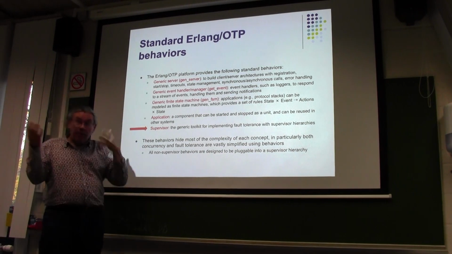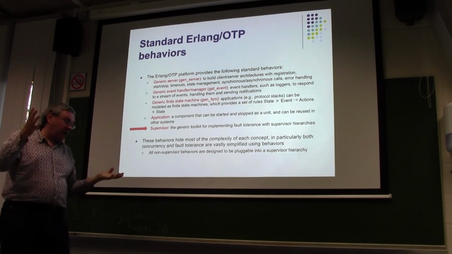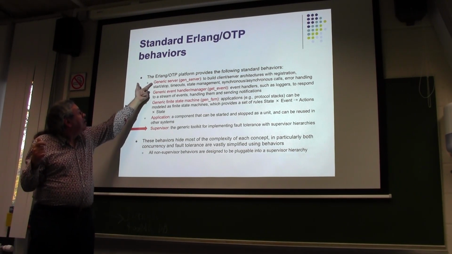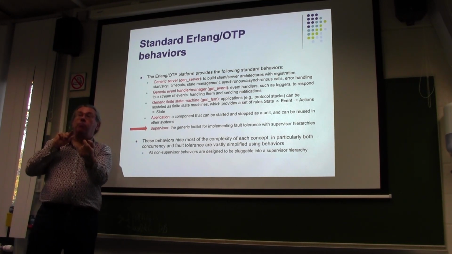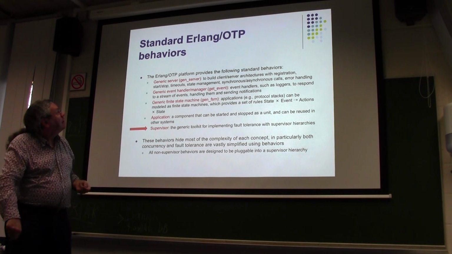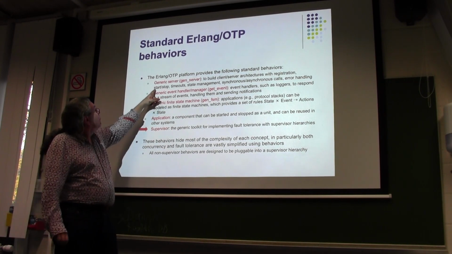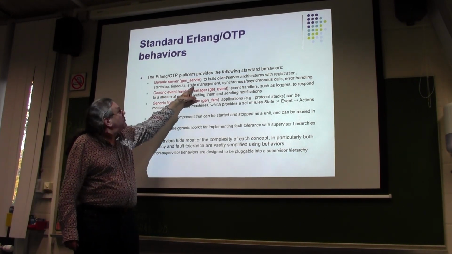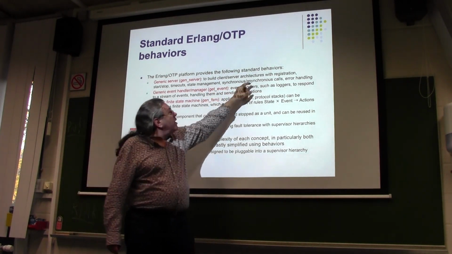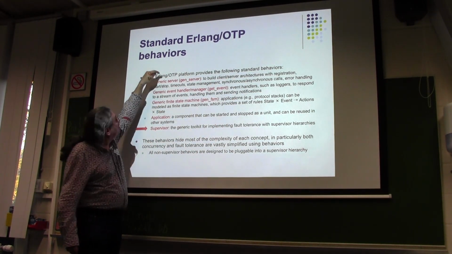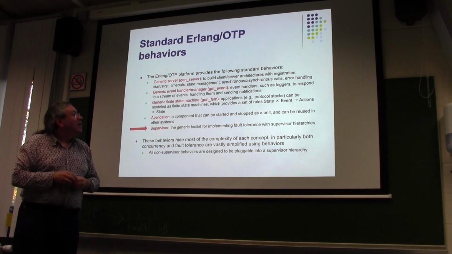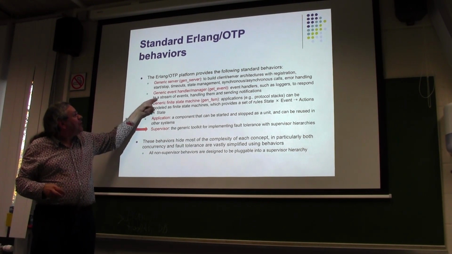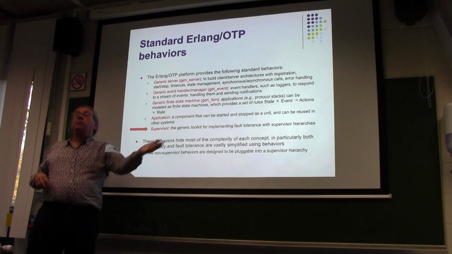So if I want to do client server on Amazon, I will use the gen_server and I will instantiate it. I will put in my functionality. But all of the stuff, registration, start, stop, timeout, and all the error handling, everything is handled inside the pattern. You see the idea? If I want to do event handlers, so there's streams of events coming in.